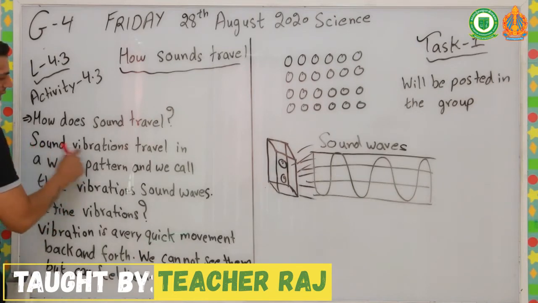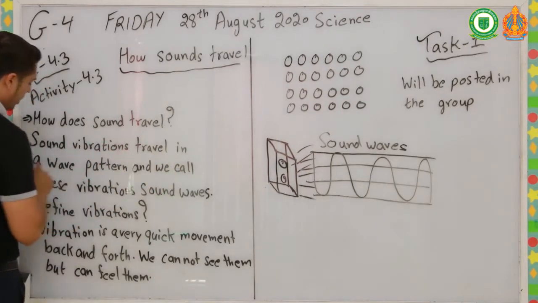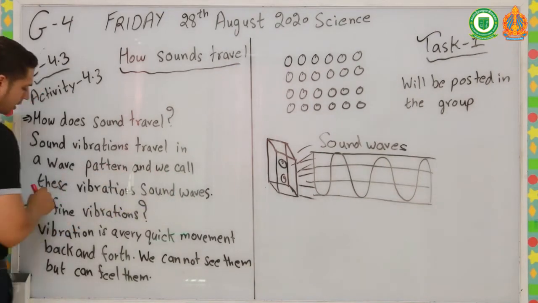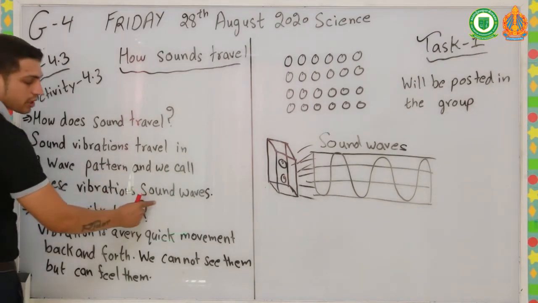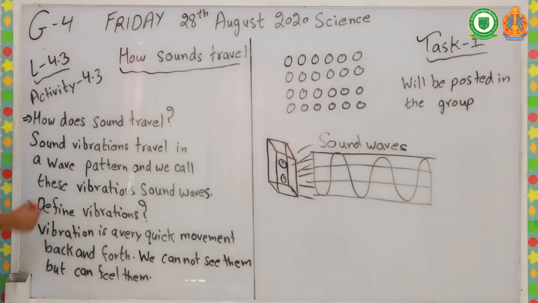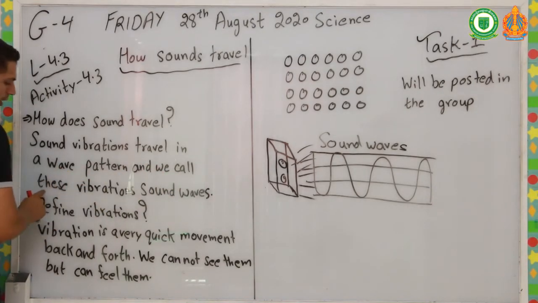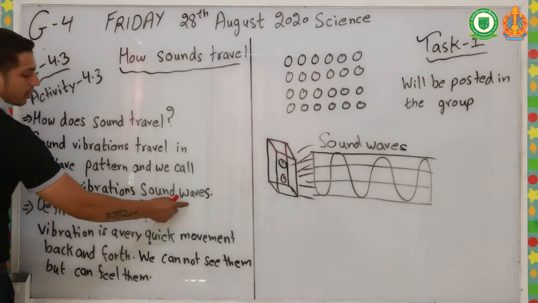So how does sound travel? Sound vibrations travel in a wave pattern, and we call these vibrations sound waves.